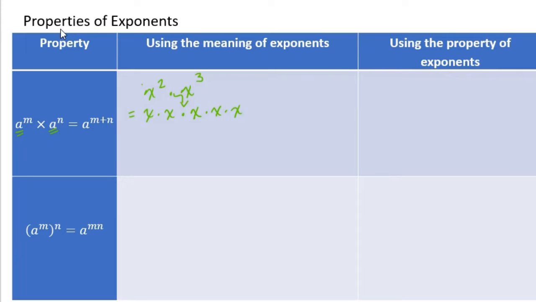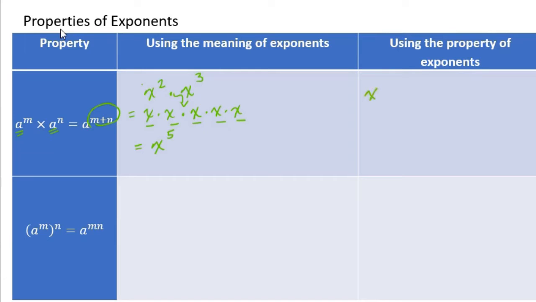So altogether we have 1, 2, 3, 4, 5 x's all multiplied together, which we could more easily write as x to the power of 5. So x to the power of 2 times x to the power of 3 is x to the power of 5. What you might notice is that 2 plus 3 gives us 5. And that's exactly what's captured here in the property.